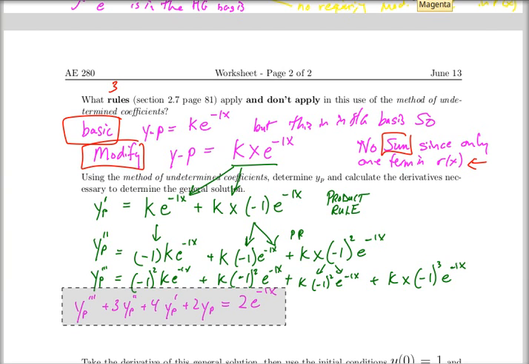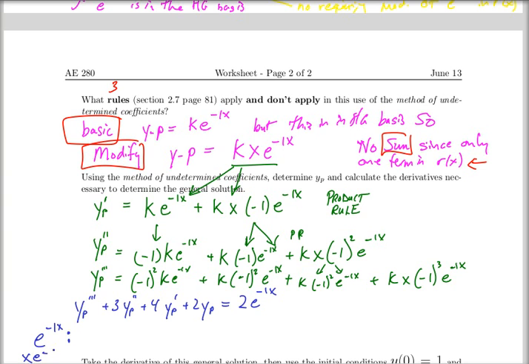So let's make this an e to the minus 1x that factors everything out. And let's look at the third derivative. We don't want any of the x e to the minus 1x terms. Forget these. Because we really only need one equation to solve for the one unknown, which is the coefficient k.